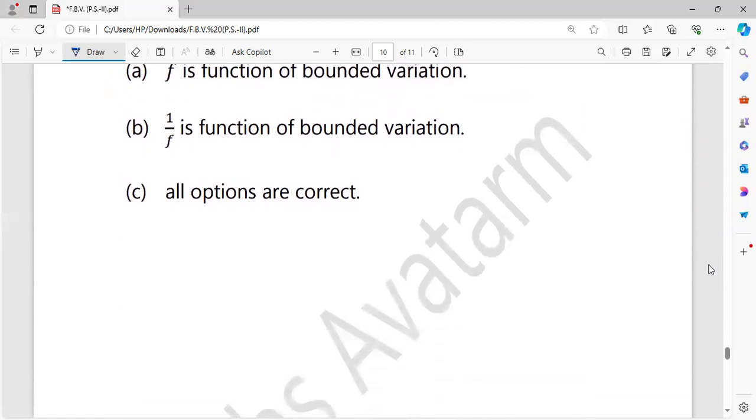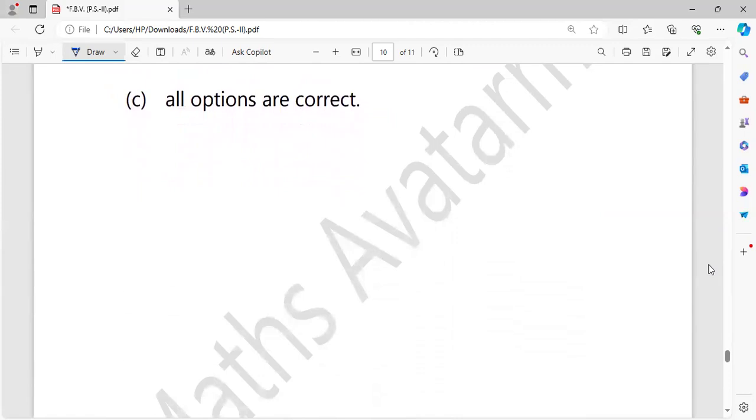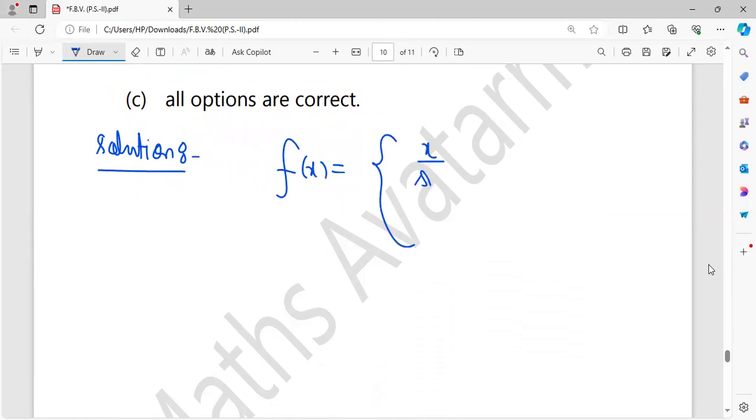So let's see it. Solution. f(x) is equal to x upon sin x if x belongs to (0, theta], and 1 if x is 0.